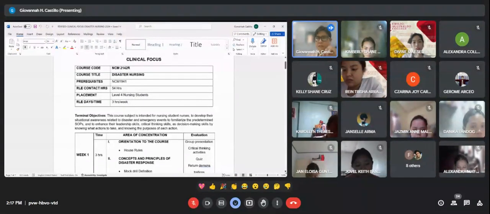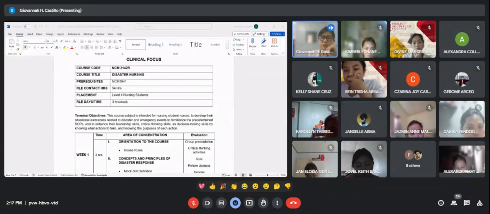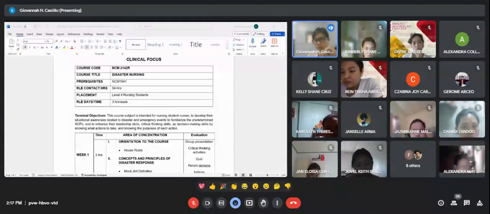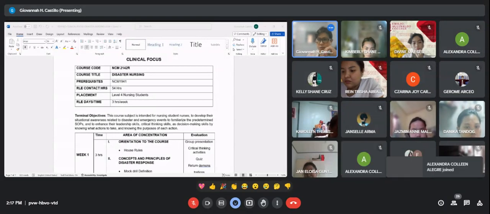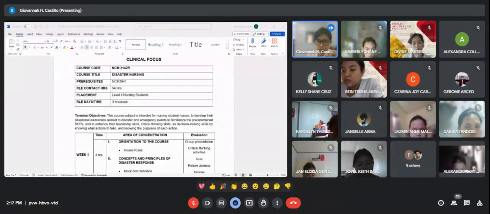So I presume, if it is going to be conducted inside the skills laboratory or in the field, pwedeng bigyan kayo ng mga scenario, ng mga situations wherein ma-enhance ang inyong analysis, critical thinking, and on what you're going to do with that situation. How are you going to manage emergency situations? Kung ito ay sa hospital, ito ay sa school, nagkasunog, nagka-earthquake, ano gagawin niyo sa sarili niyo at sa mga pasyente niyo. Okay?